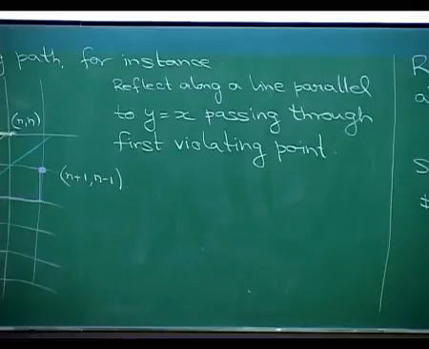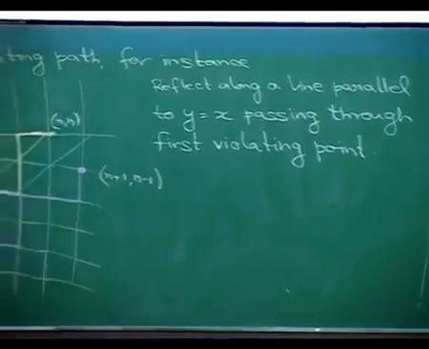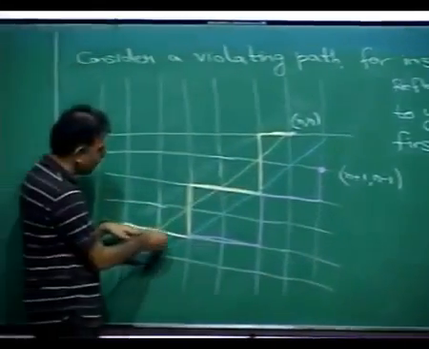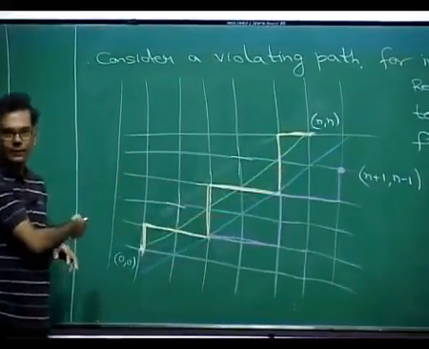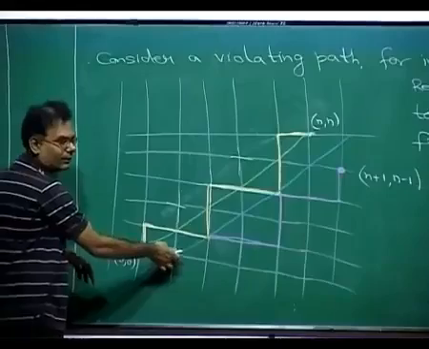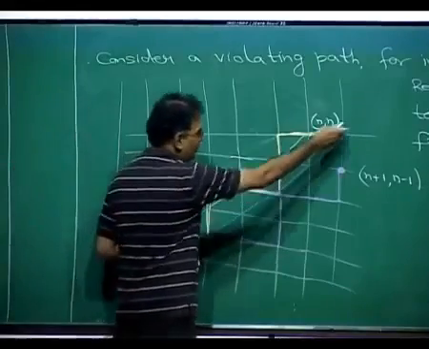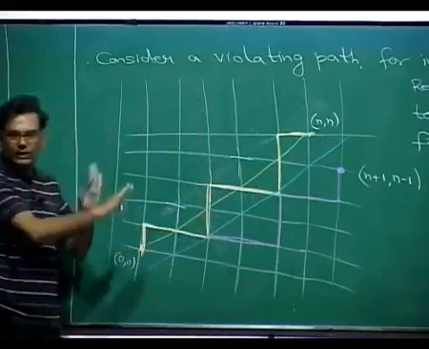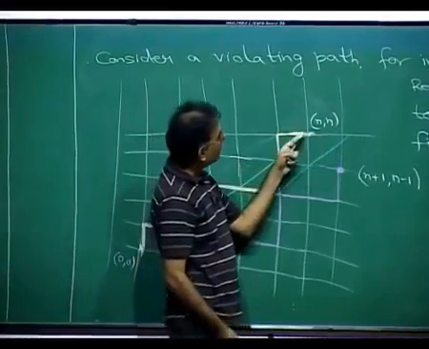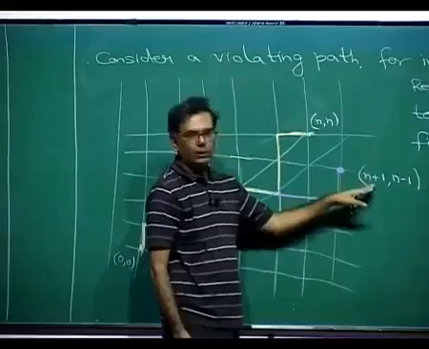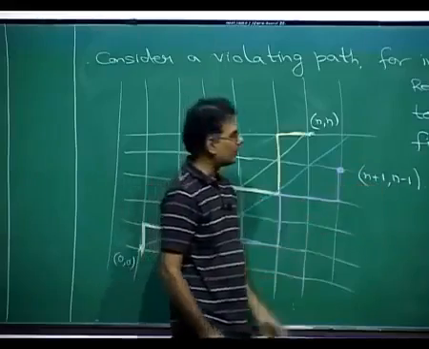Note that this will always happen. Always the ending point will be n plus 1, n minus 1, because the line of reflection is always going to be this line, because the first point at which you violate will be either this or this or this or this. It's always on that line, right? The line of reflection is always this blue line. So whichever violating path you take, the line of reflection is always this, and when you reflect n around this line, clearly you get the point n plus 1, n minus 1.